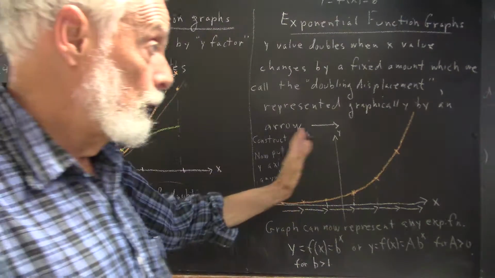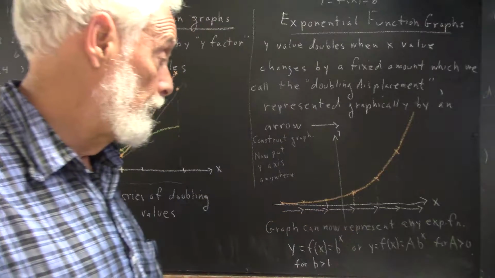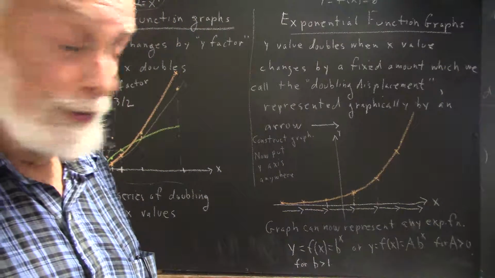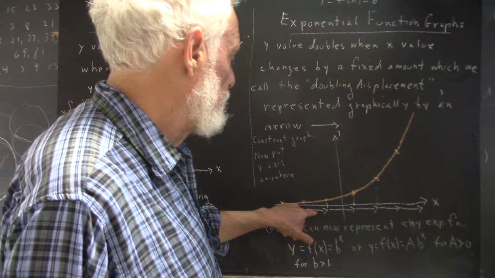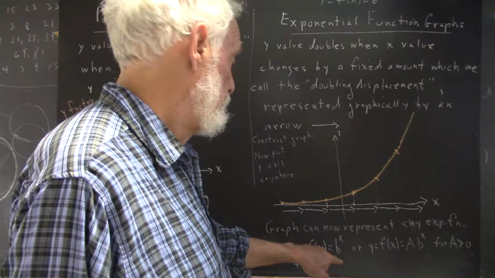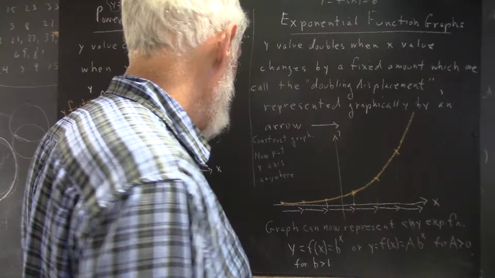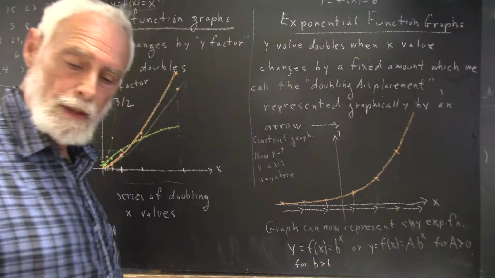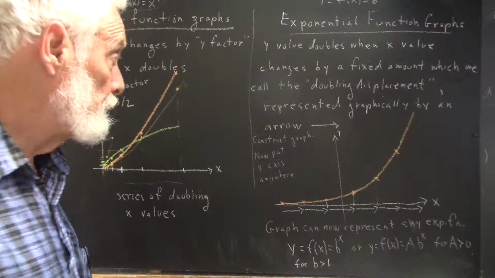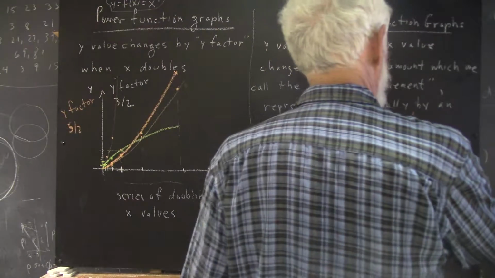Again, it didn't matter where we put the y-axis, but now that we have it there, that's it. And the other thing I'll note is that the doubling displacement and the value of b are closely related.